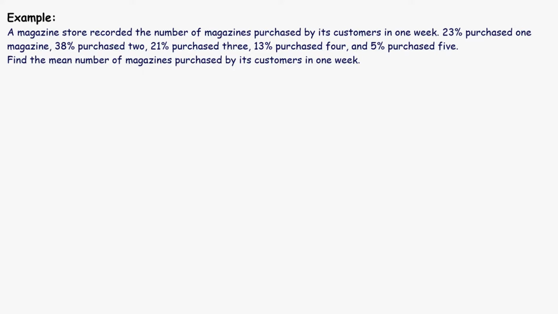Okay, so here is another example. A magazine store recorded the number of magazines purchased by its customers in 1 week. 23% purchased 1 magazine, 38% purchased 2, 21% purchased 3, 13% purchased 4, and 5% purchased 5. Find the mean number of magazines purchased by its customers in a week. First of all, we need to identify our random variable.